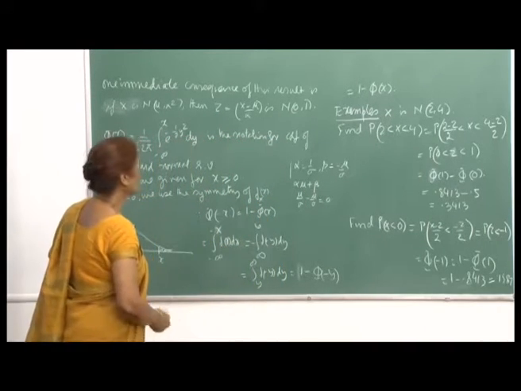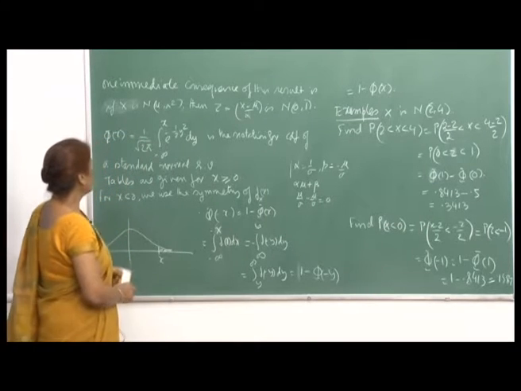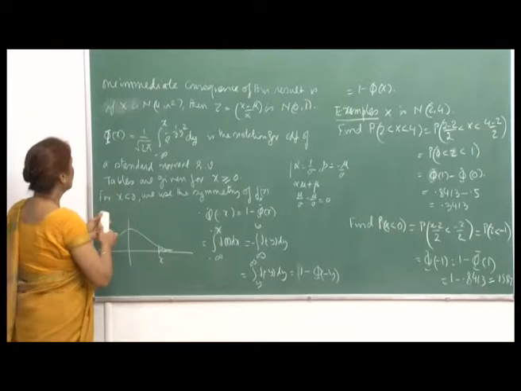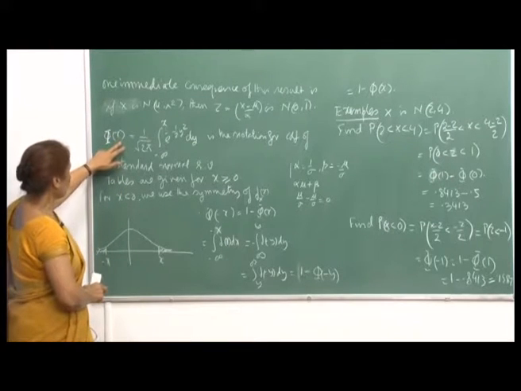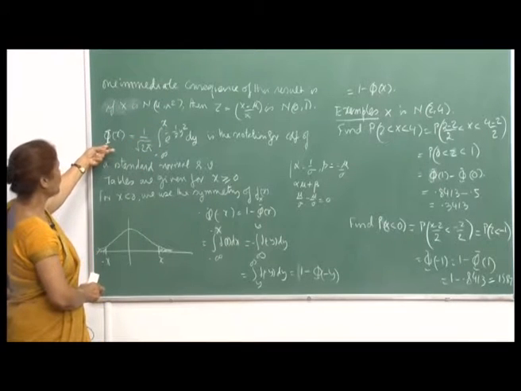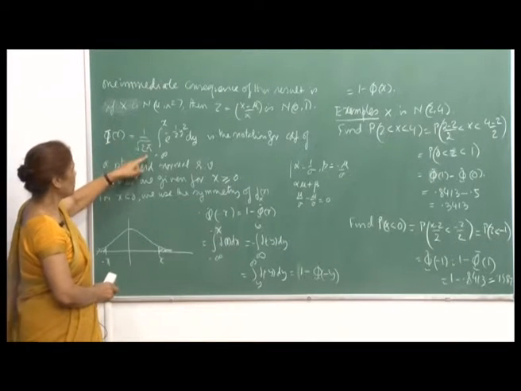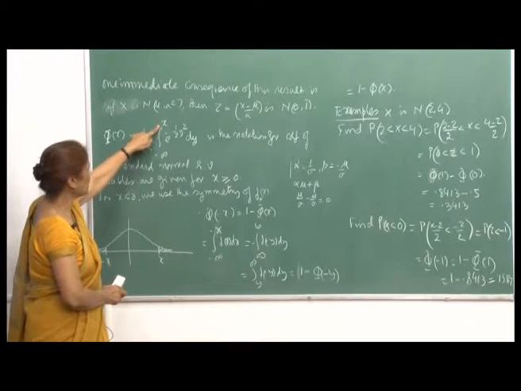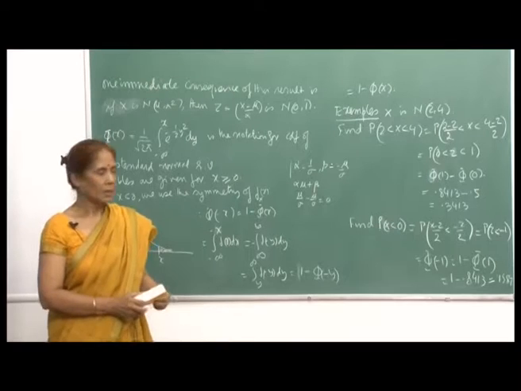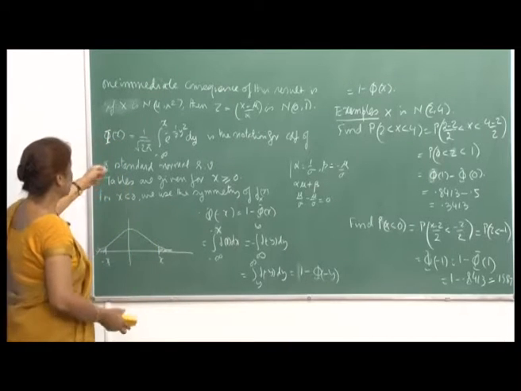And I will work out a few examples to show you how it goes. So, anyway, this is the standard notation for a standard normal variate. This is your probability from minus infinity to x. So, that means this is the cumulative distribution function. So, this will be 1 upon root 2 pi, integral from minus infinity to x of e raised to minus half y square dy. Okay. So, this probability is given the notation phi of x.